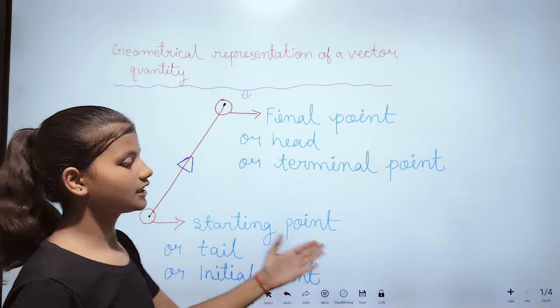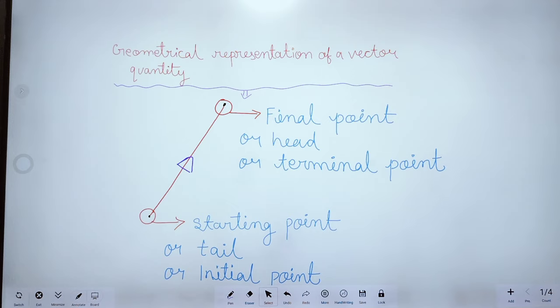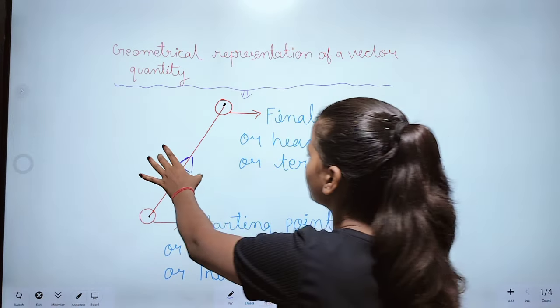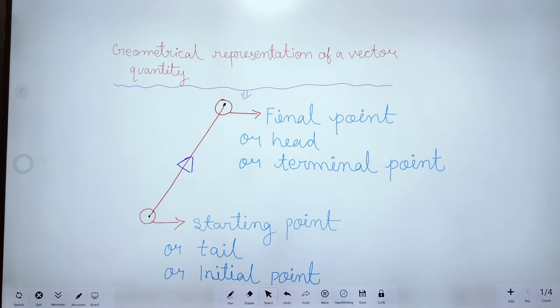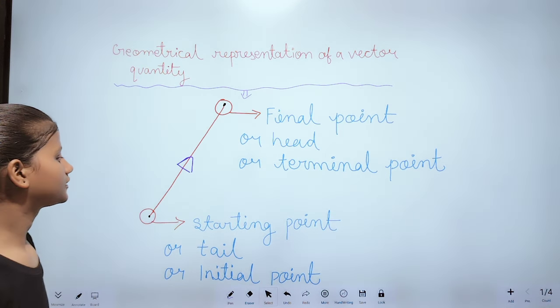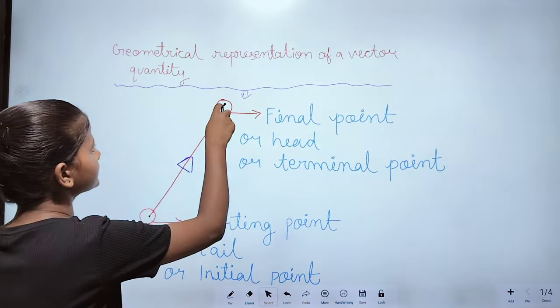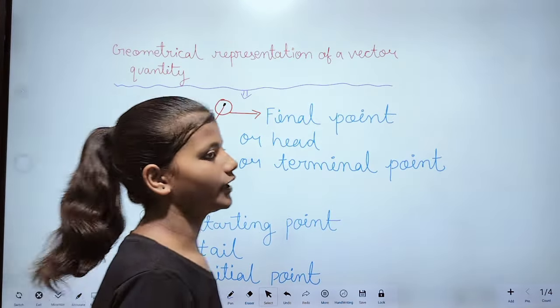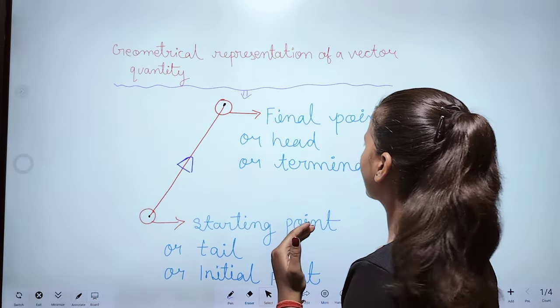This point is known as our starting point, initial point, or you can also say tail. Okay, and this arrow shows the direction of the line. Okay, this arrow shows that the line moves in the upward direction. Okay, and this one is our final point, or you can also say terminal point or head.